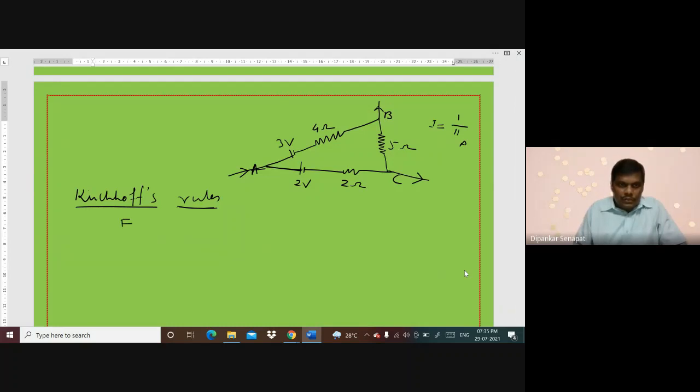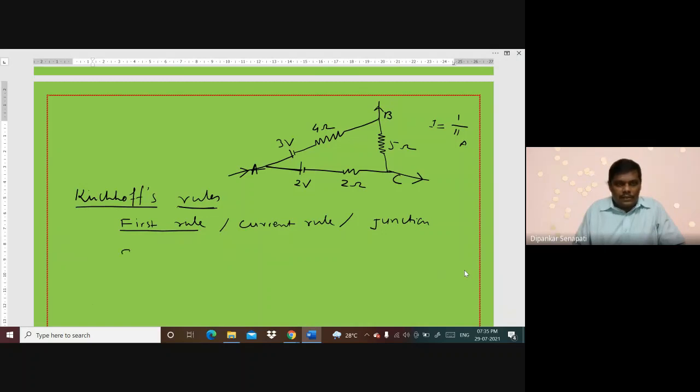The first rule is also known as the current law or current rule. This is also called the junction rule.